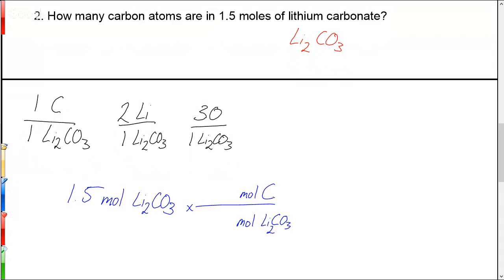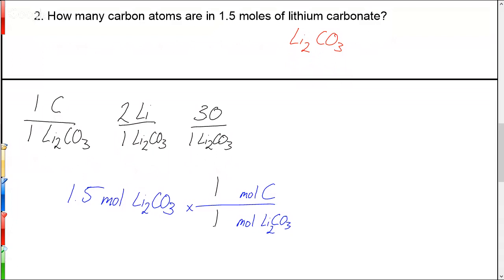And those equivalences that we just came up with are what we're going to use there. So we've got 1 of these for every 1 of these. So that's the first step here. For every 1.5 moles of lithium carbonate, we have 1.5 moles of carbon, because it's 1 to 1. There's 1 carbon per each lithium carbonate formula unit.